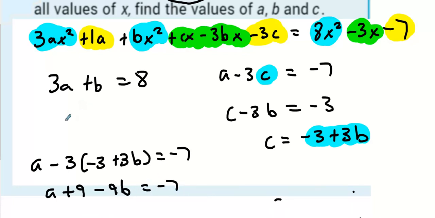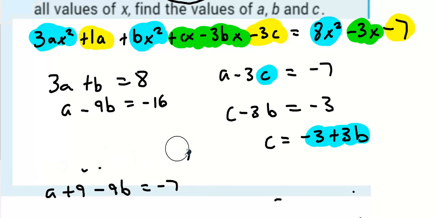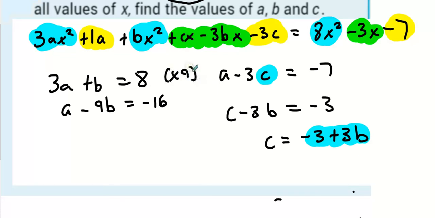I think this is it here. It's a minus 9b, and that's a minus 16 is the issue. I think I had 2 down instead of 16. I think that's where I made the mistake. Okay. Now, lads, really quickly, like last time, multiply the top equation by 9. All right.